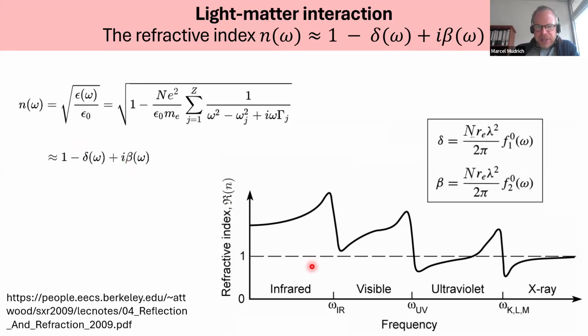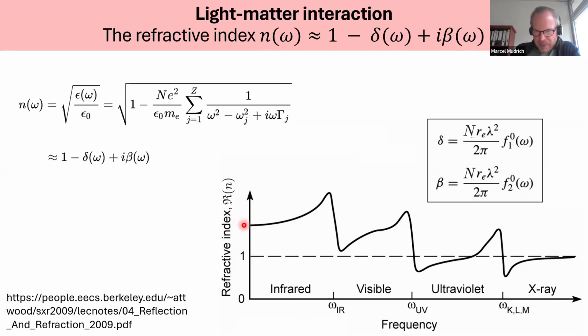A very generic curve showing the refractive index of some material over many orders of magnitude of frequency is shown here. This is not any realistic material, I think. It's a generic curve, but for most materials it looks somehow similar. So why does it look like this?